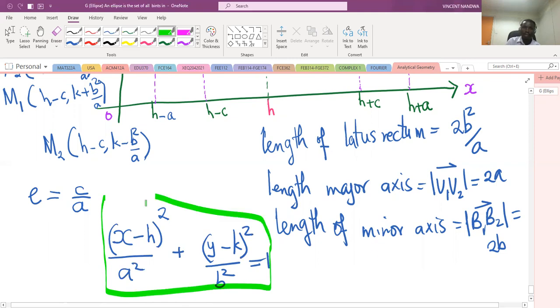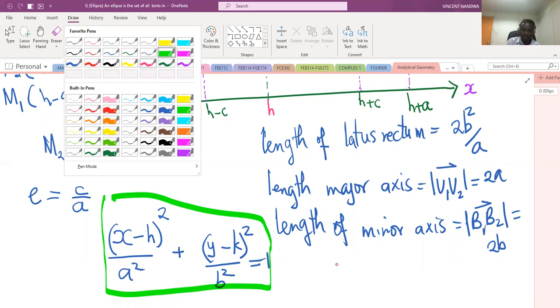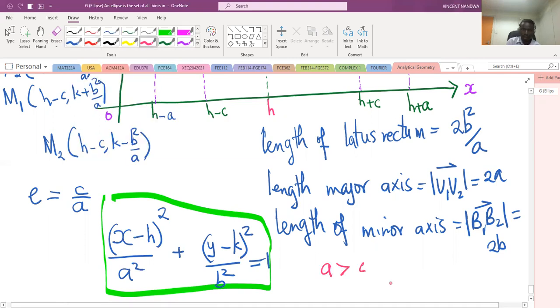And then remember that a is greater than c, and a squared minus c squared is what gives you b squared.